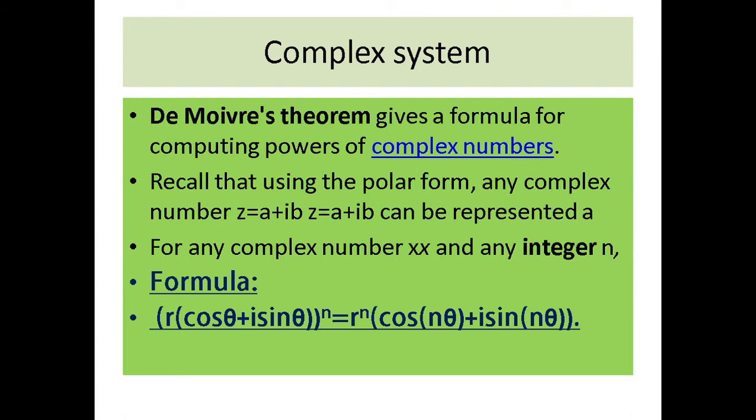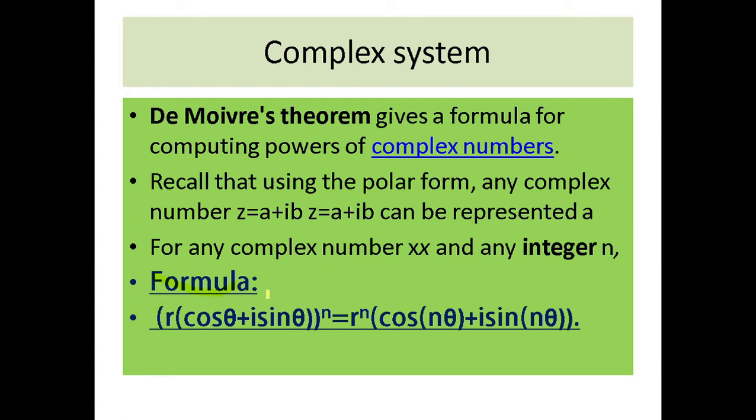What is De Moivre theorem? This is the main formula of De Moivre theorem. r into (cos theta plus i sin theta), and we can also say that cos theta plus i sin theta equals cis theta, raised to n, equals the whole to the power n.